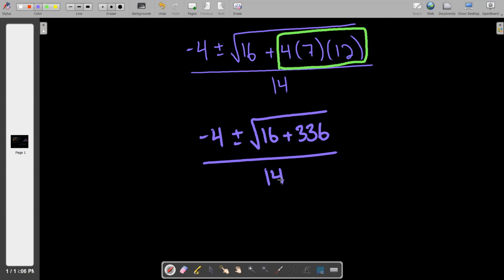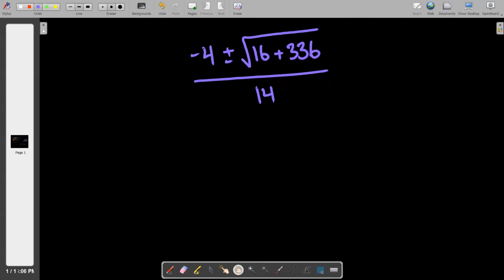And then you'll see why we did what we did the last couple days. The last thing left to do is add those numbers inside the square root sign, right? And what is 16 plus 336? Good job. So we have -4 plus or minus the square root of 352 all over 14.